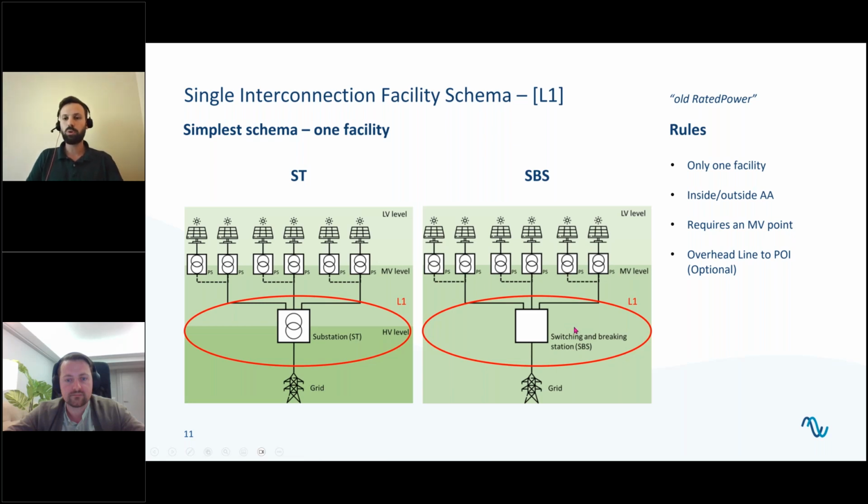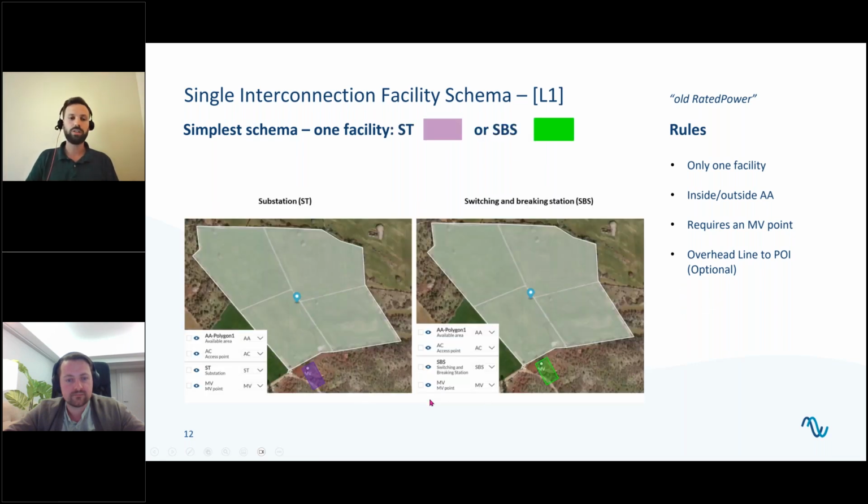The purpose of this point is just to indicate the part of the facility where the MV cable is going to exit and go towards the MV field. Optionally, as you remember, we can define an overhead line connecting the facility to the point of interconnection. Here you have the view of Interactive Site Creator. On the left side, if we use a substation, we have this purple rectangle with its MV point. On the right side, an SBS.